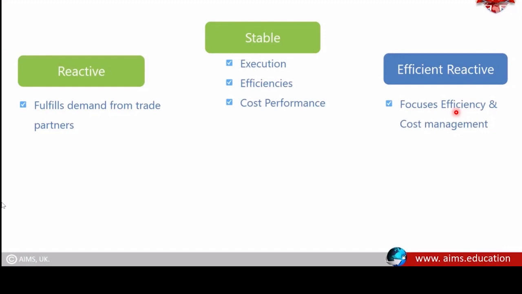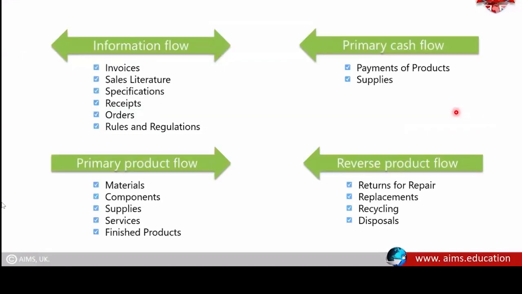So it is based on the demand for our product, how well it sells, how fast it sells out, and how it performs on the market. So those are our strategies in supply chain: stable, reactive, and efficient.